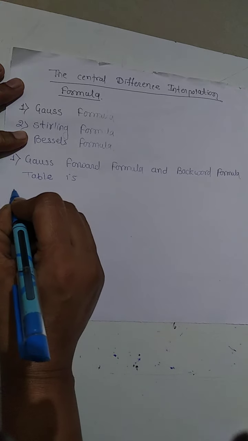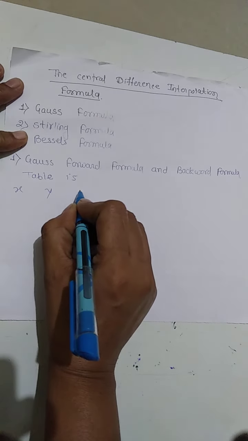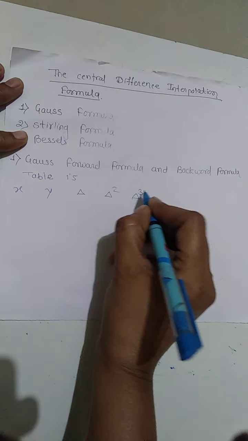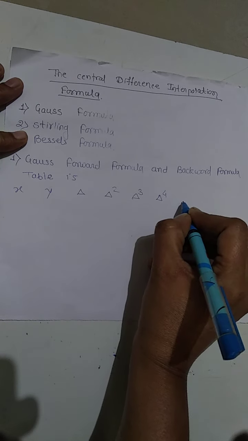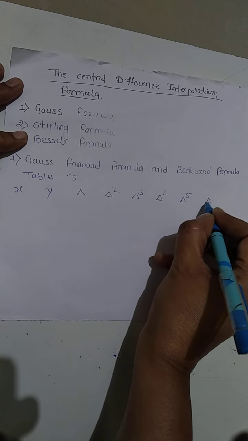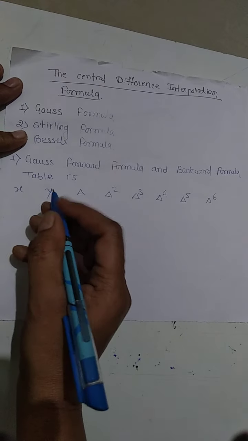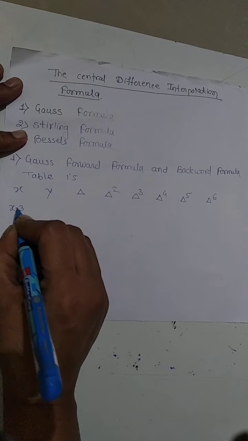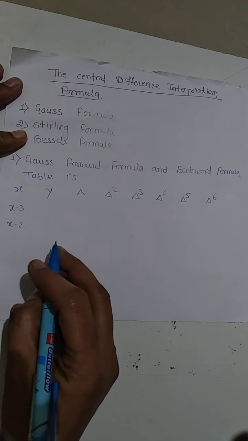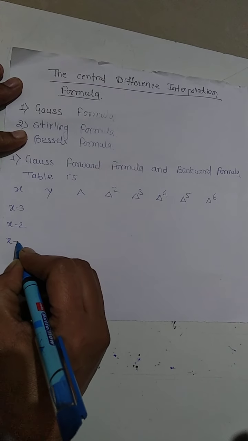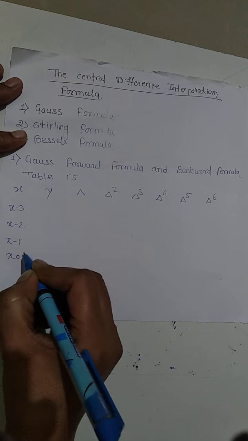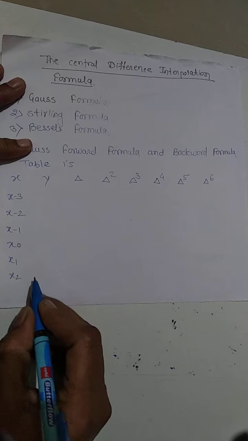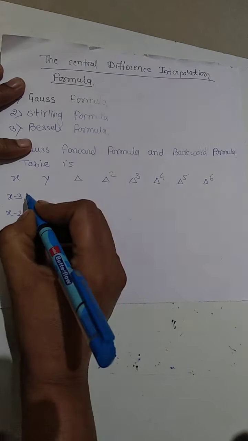In the table, first write x, y, then the forward operators del, del square, del cube, del raised to the power 4, del raised to the power 5, del raised to the power 6. Then the values of x are x minus 3, x minus 2, x minus 1, x0, x1, x2, and x3.